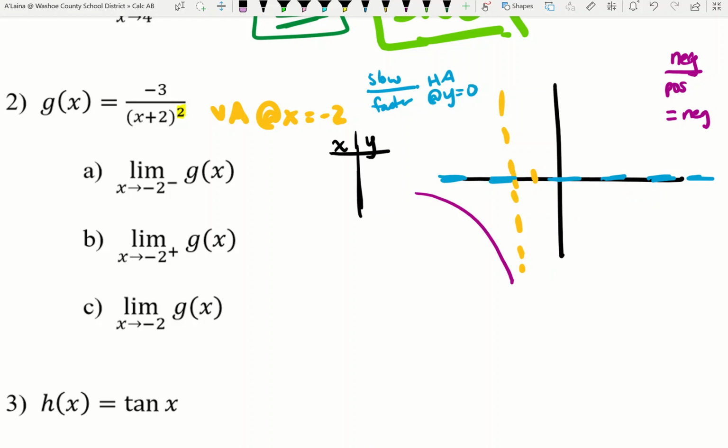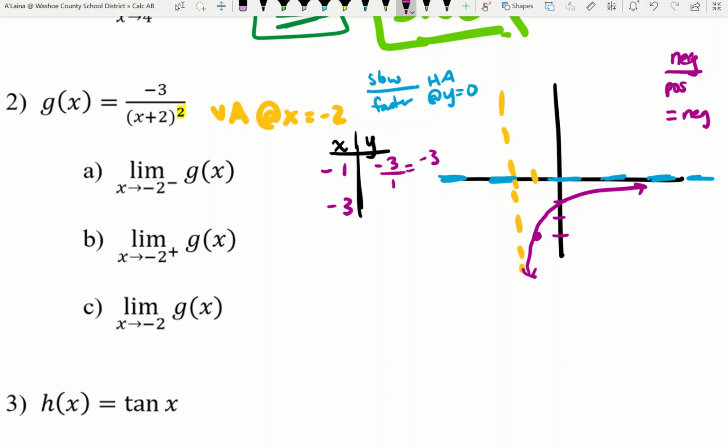And I'm going to test a couple values just to verify that, since it's been a while since you've done rational functions. I'm going to test some values on either side of the vertical asymptote. And so if I substitute in a -1, I'd have -3 over +1 squared, which is -3. And again, I'm going to fit this to curves.